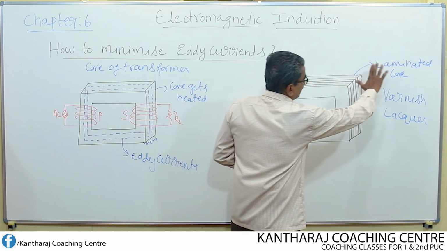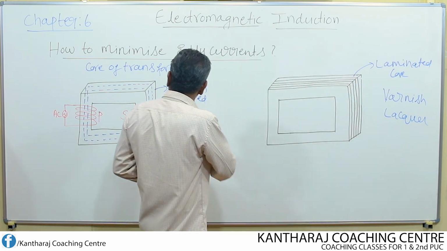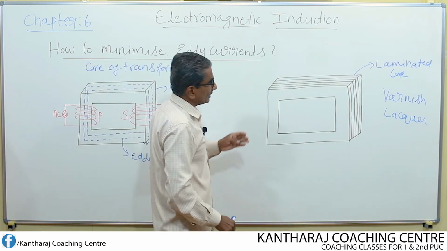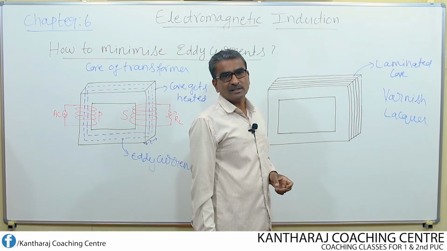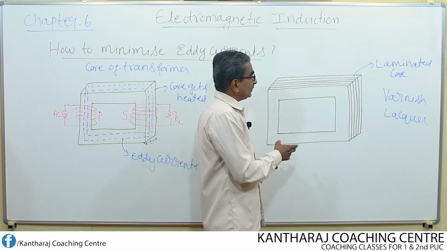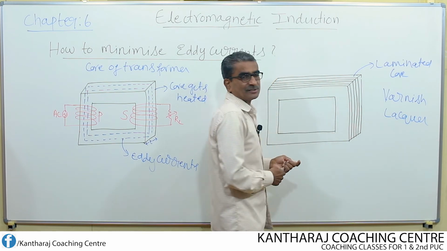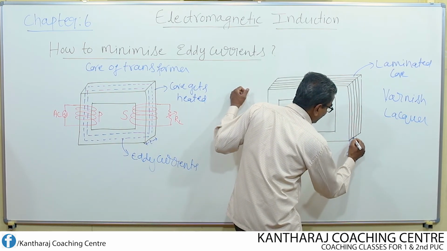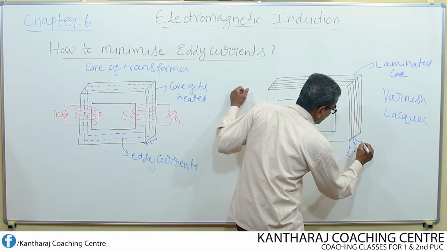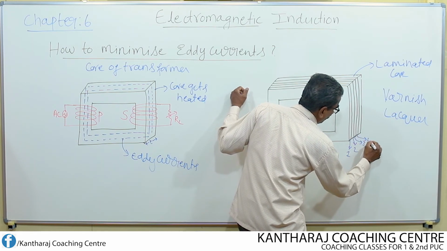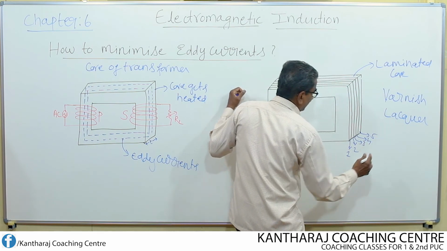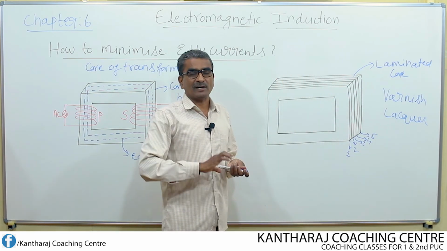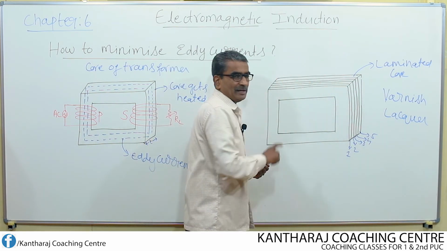Now what actually happens if we use a laminated core instead of using one thick metal bar? If we use a laminated core, then because of the insulation between the plates, say for example this is plate 1, this is plate 2, plate 3, plate 4, plate 5, like this the required number of plates are bundled, which is known as a laminated core.